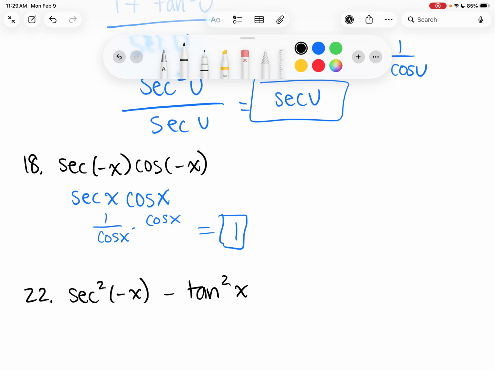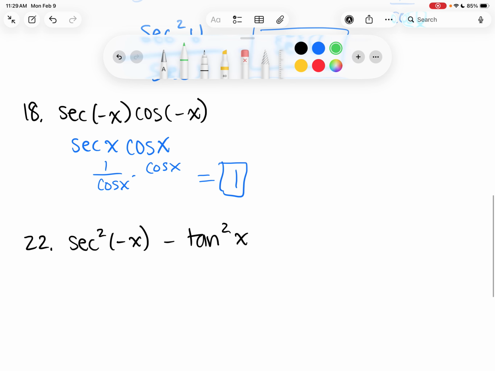So one thing that I just want to mention here is that when I have anything being squared, and this applies with the identities as well, but as far as when we get to solving them, secant squared of x is also the same thing as secant of x all squared. So just be aware of that. That doesn't mean that the stuff that's in the parentheses or the x or whatever happens to be in there is being squared. That just means that the function as a whole is being squared.